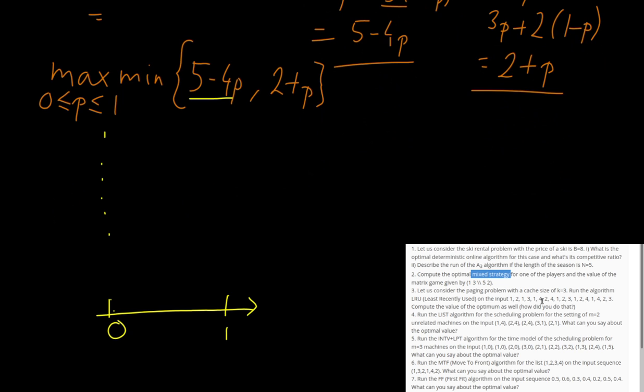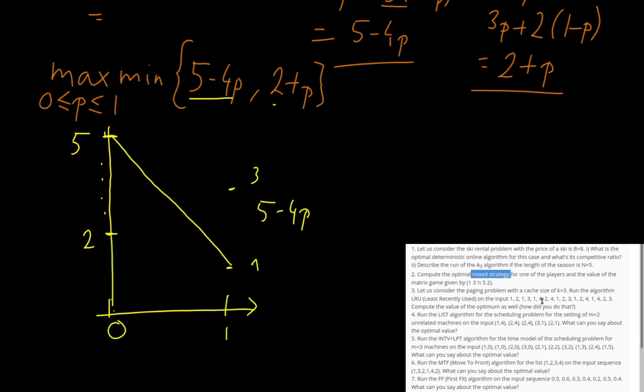These functions are multilinear in general, but if you have only one variable, because it's a 2 by 2 matrix, then this is just an ordinary linear function, which is 5 at p equals 0, and since it's minus 4, it will be 1 at p equals 1. So this is the line for 5 minus 4p. And for the other it starts from 2 and increases to 3, so that will be the other line, which is 2 plus p.